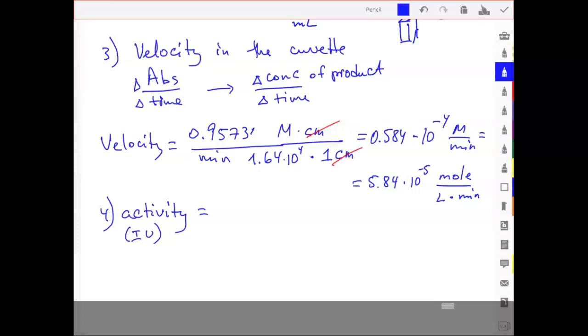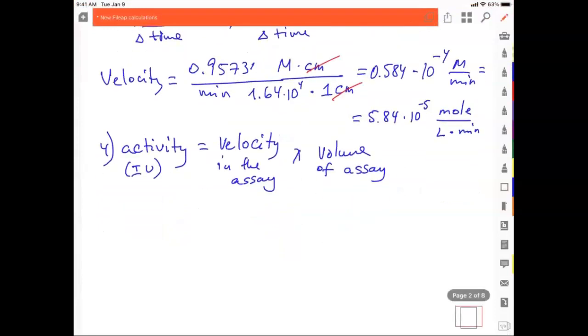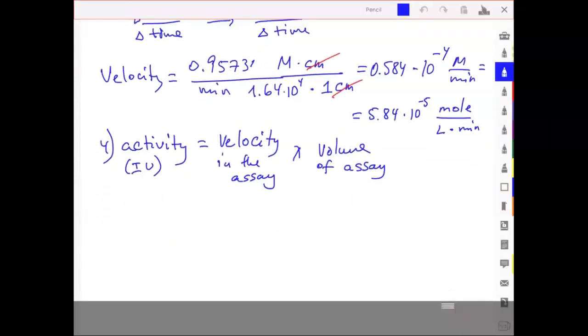And so generally, it's going to be velocity in the assay times volume of the assay.